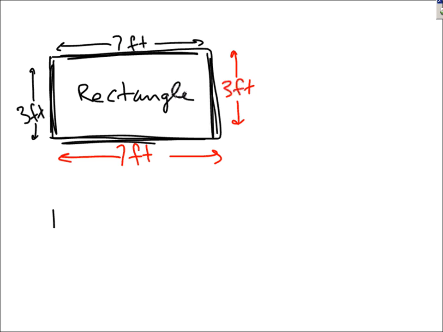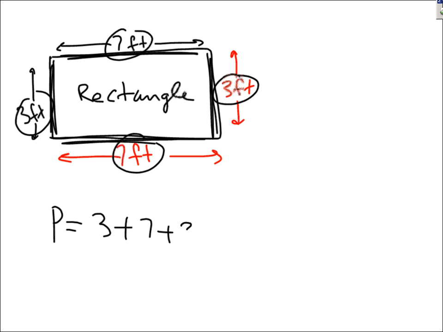So to figure out the perimeter, you can go 3 plus 7 plus 3 plus 7. Again, I just love tens. 3 plus 7 is 10. 3 plus 7 is 10. 10 plus 10, 20 feet. Or what you can do is say, you know what?